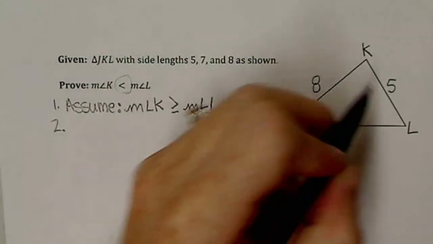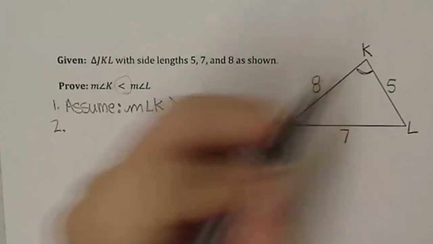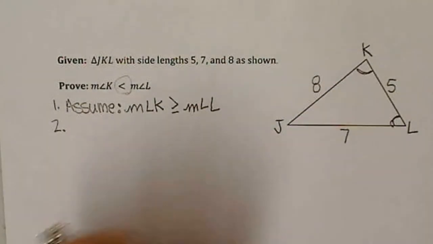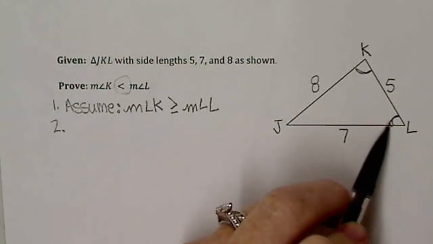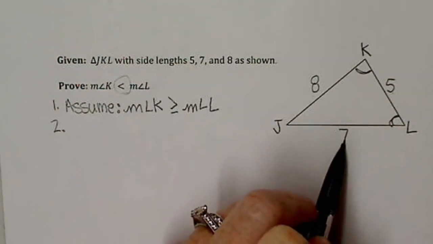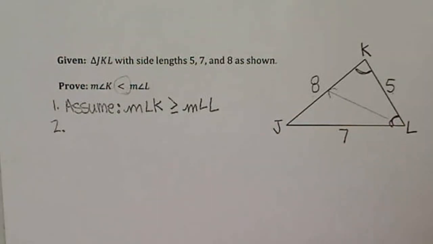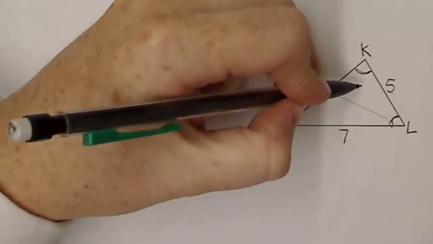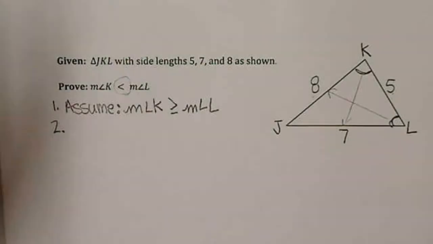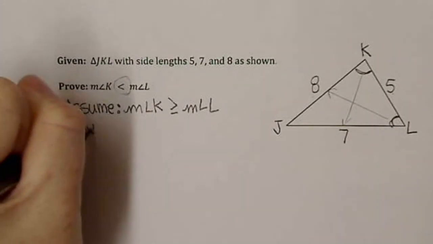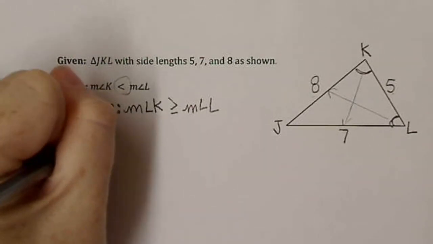So I'm talking about angle K and angle L. Last 2 sections we talked about angle side relationships. So if I look at my sides, L corresponds to the side that's marked 8. K corresponds to the side marked 7. So that is called angle side relationships.